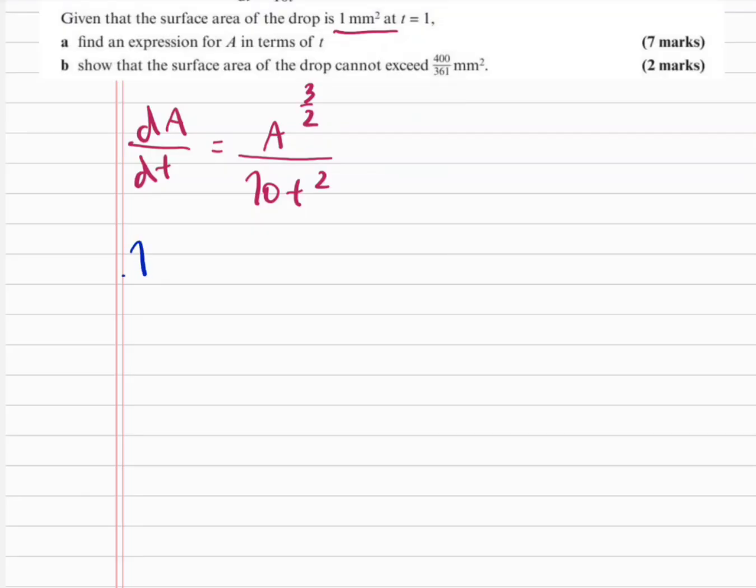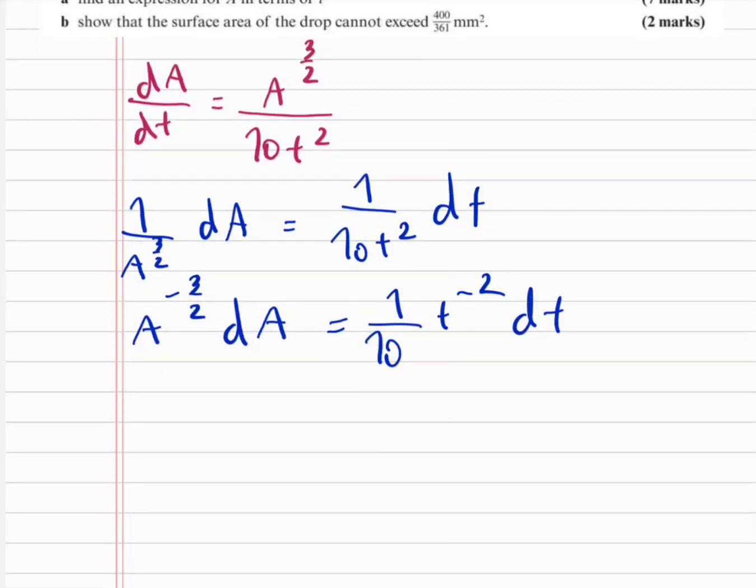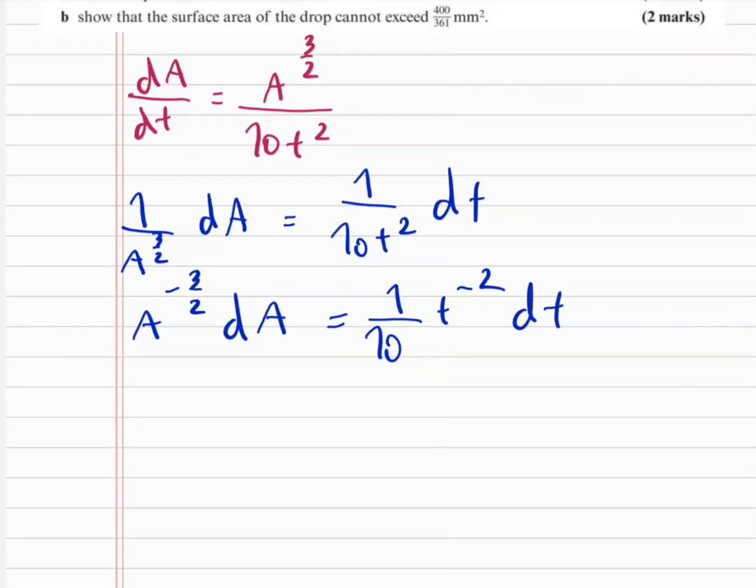So we'll have 1 over A to the power of 3 over 2 dA is equal to 1 over 10t squared dt. But we can rewrite this as A to the power of minus 3 over 2 dA is equal to basically 1 over 10 t to the power of minus 2 dt. So that makes the integration easier. Now we can integrate both sides.